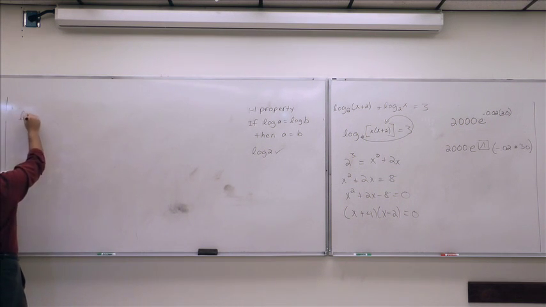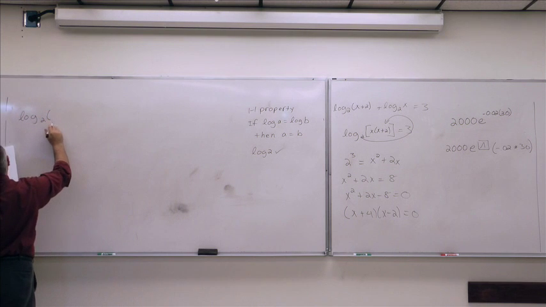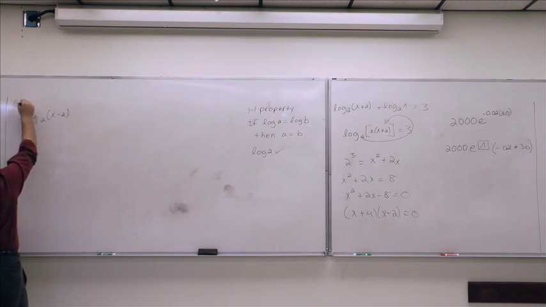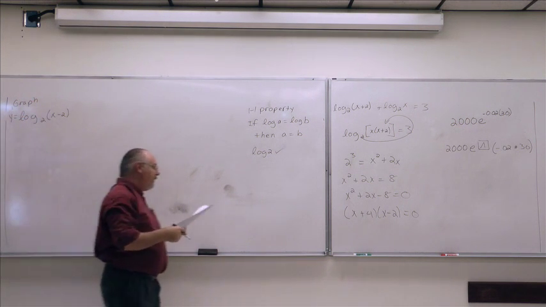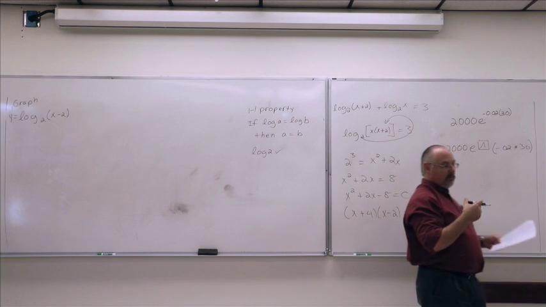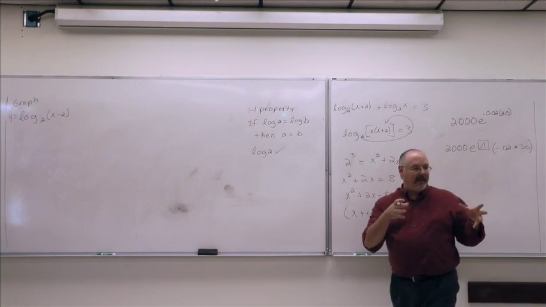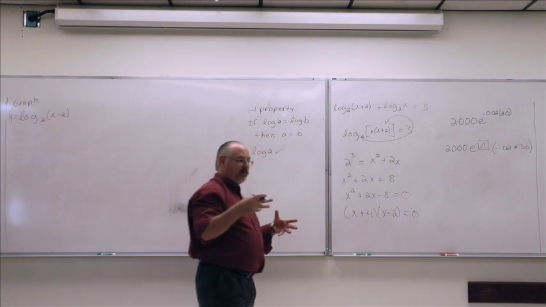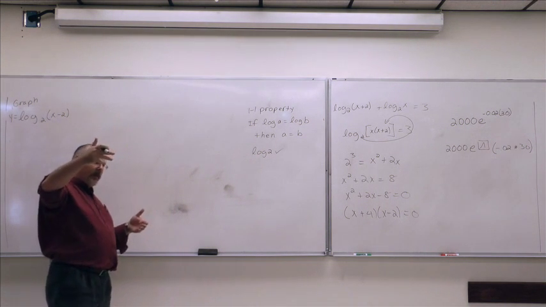All right, so we have the log base 2 of x minus 2, and you have to graph this. So in order to graph a function, you need to know what the base function looks like. It looks like x squared, and then you do the transformations.